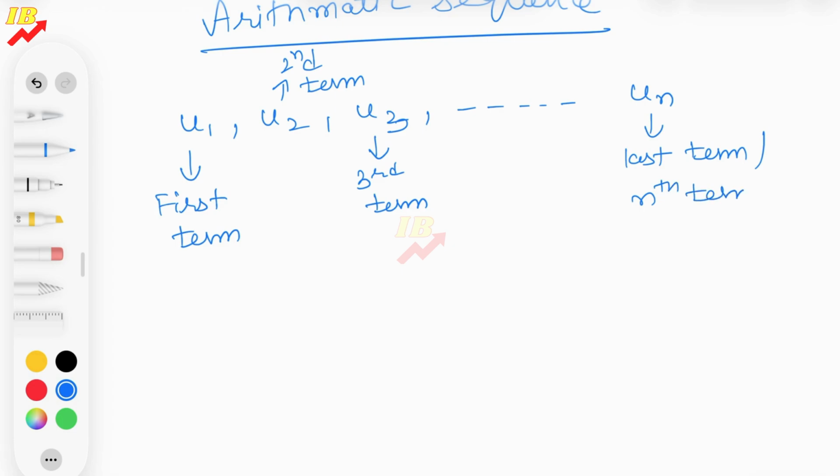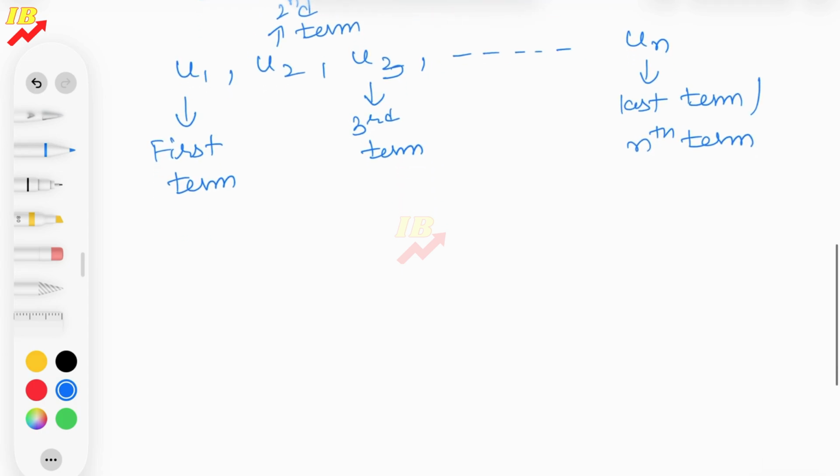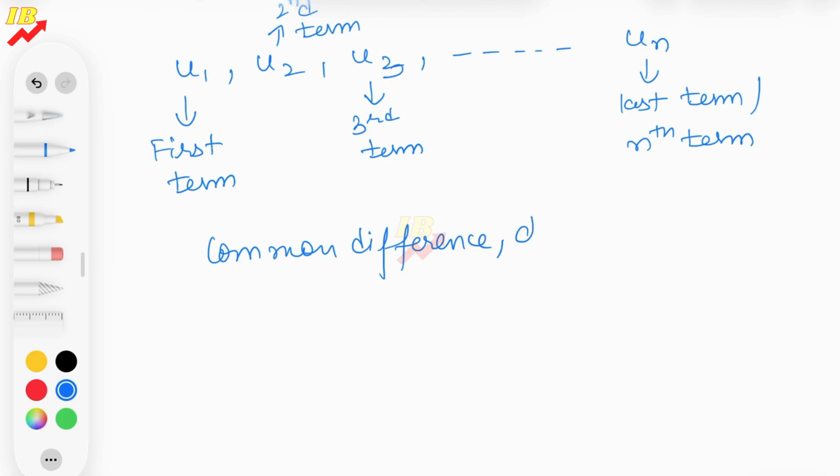Okay. So whenever we want to prove something to be arithmetic or any other sequence, we need to check, and we'll be checking it like this. We'll be taking a common difference, which is denoted with small d. That formula is un minus un minus 1.